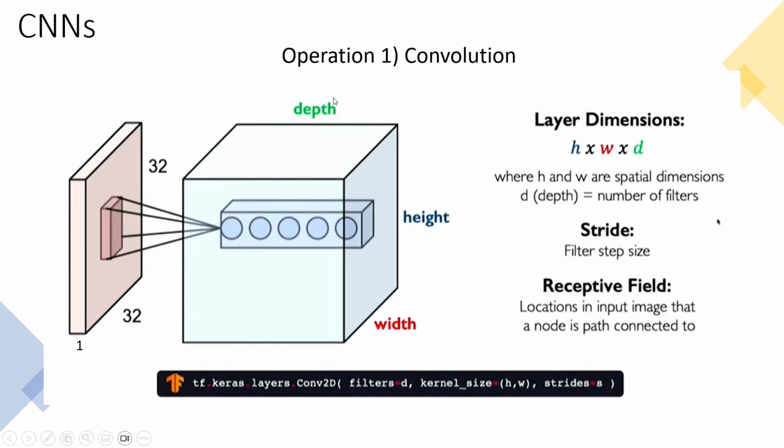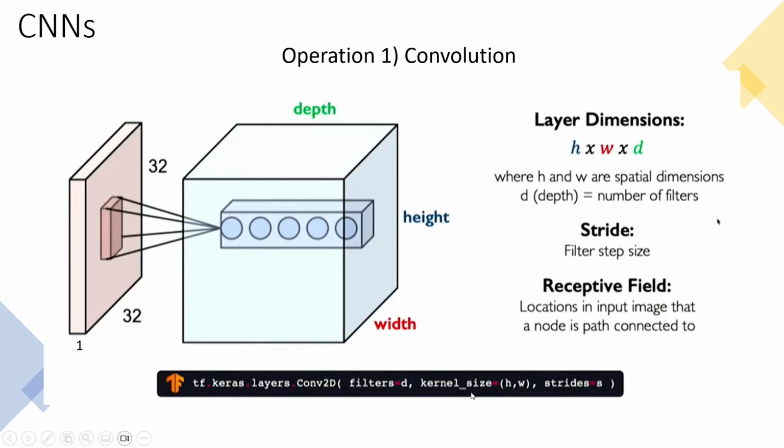In order to define this layer in TensorFlow, we need to define three things. First, the number of filters, which means how many tensors we need here. That's the depth of this layer. If we say, for example, 32, that means we will have 32 two-dimensional arrays in this layer.